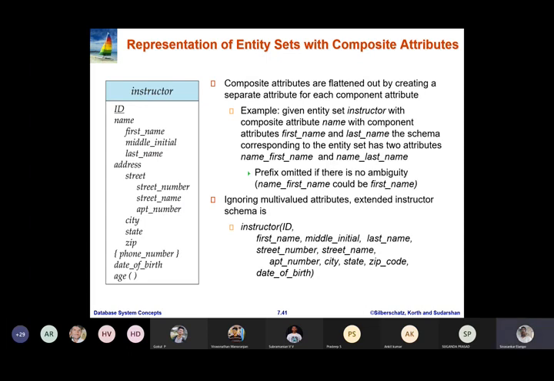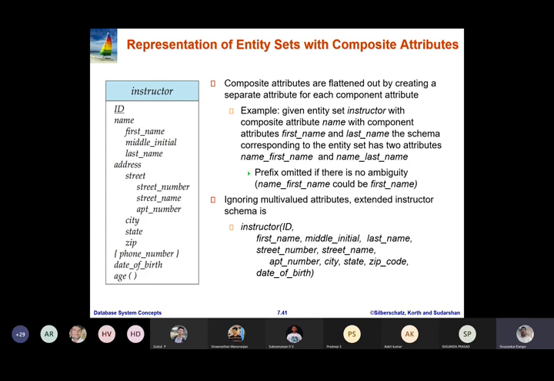Then we discussed how to represent composite attributes. For example, name is a composite attribute, and similarly address is a composite attribute. Whenever you have composite attributes, you are going to flatten them. So the instructor entity set has the composite attribute name, with the attributes first name, middle name, and last name.